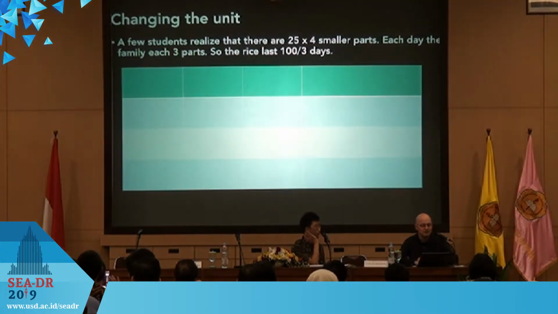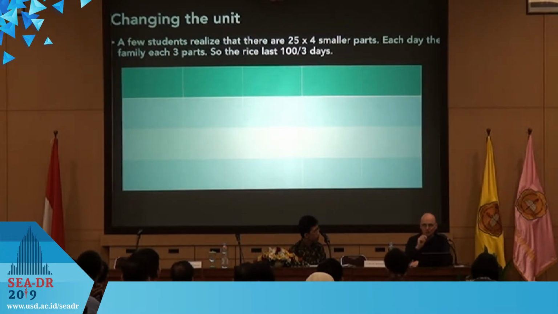And there were a few children who realized, hey, if I make 25 kilos in smaller parts, if I reunitize, if I look at the other unit, there are 25 times 4 smaller parts. So there are 100 small parts, 3 parts for 1 day, 100 divided by 3.